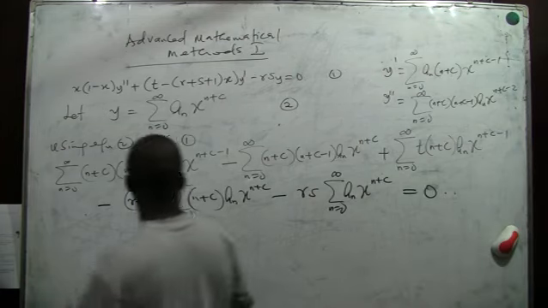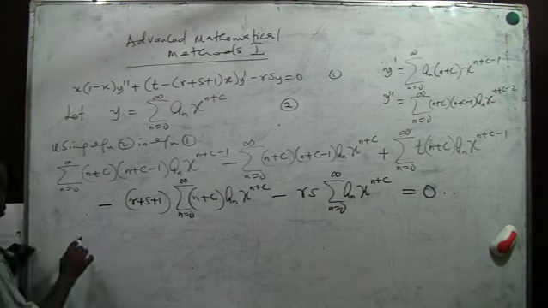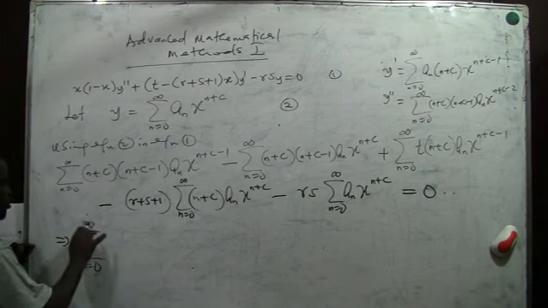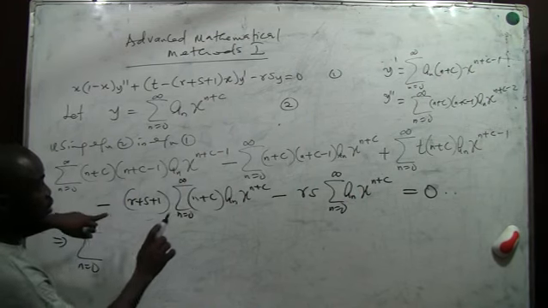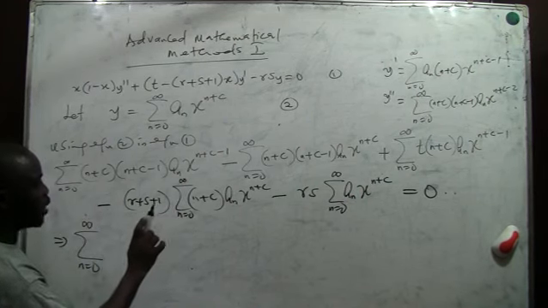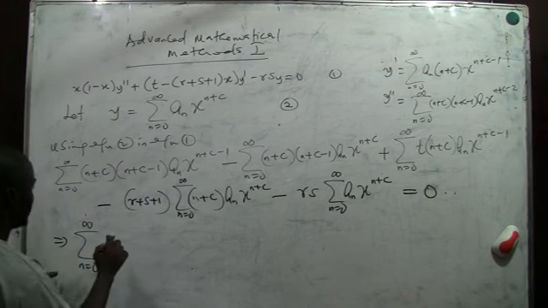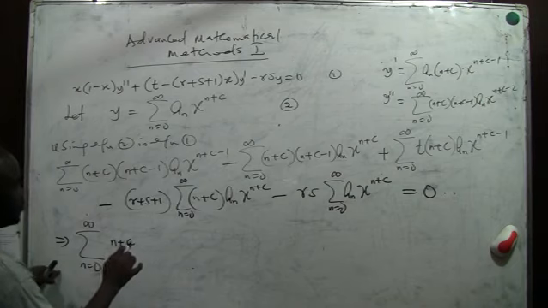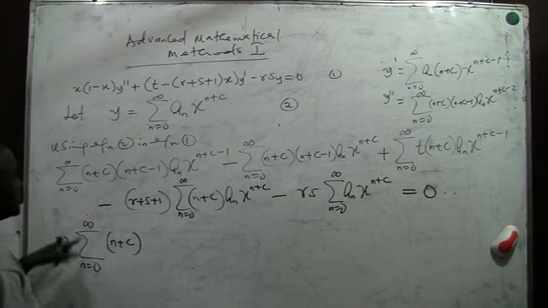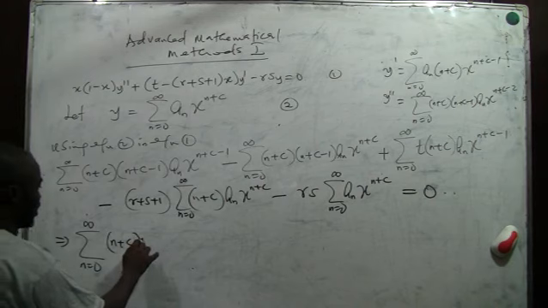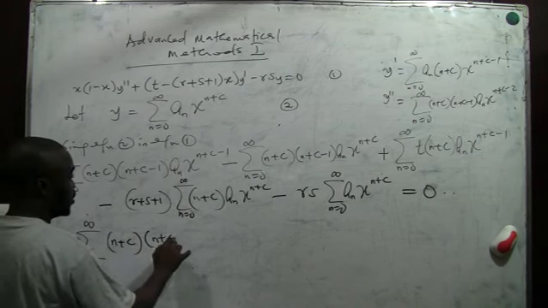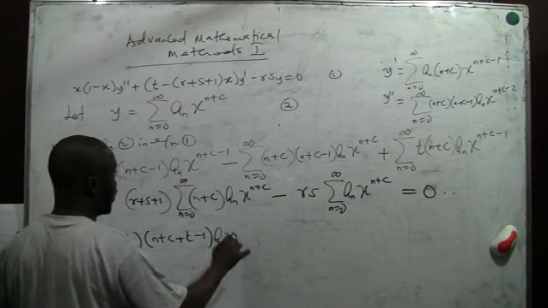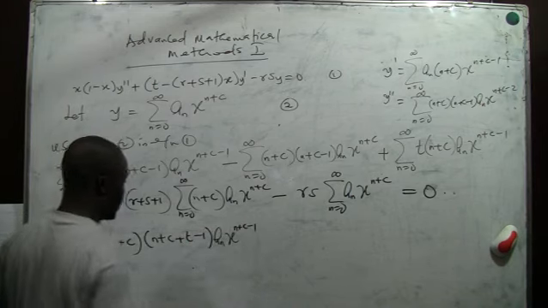Let's start with the smaller power, which is n plus c minus 1. So this implies that I have n from 0 to infinity, n plus c minus 1. There is one common factor, which is n plus c. n plus c is common to the two of them, and the other one we are left with is n plus c plus t minus 1, a_n x raised to the power n plus c minus 1.